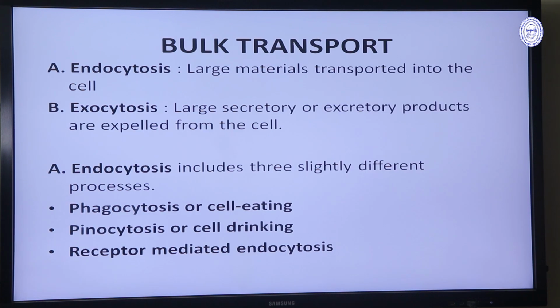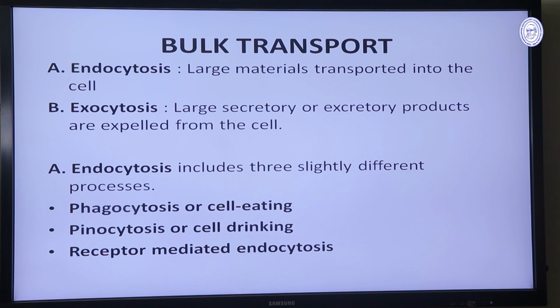Now, up to this level we have talked about the molecular transport system. If the cell needs some bulk transport, what will happen? This bulk transport is of 2 types. One is endocytosis, when a large amount of material needs to get inside the cell.